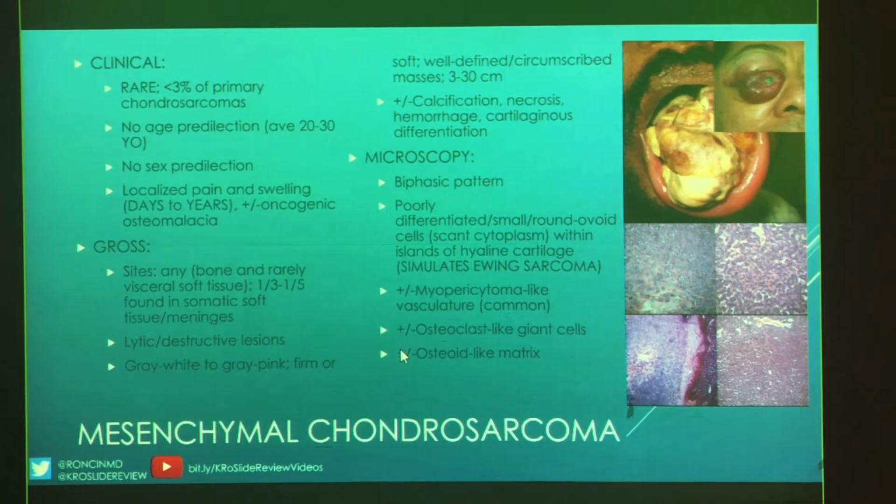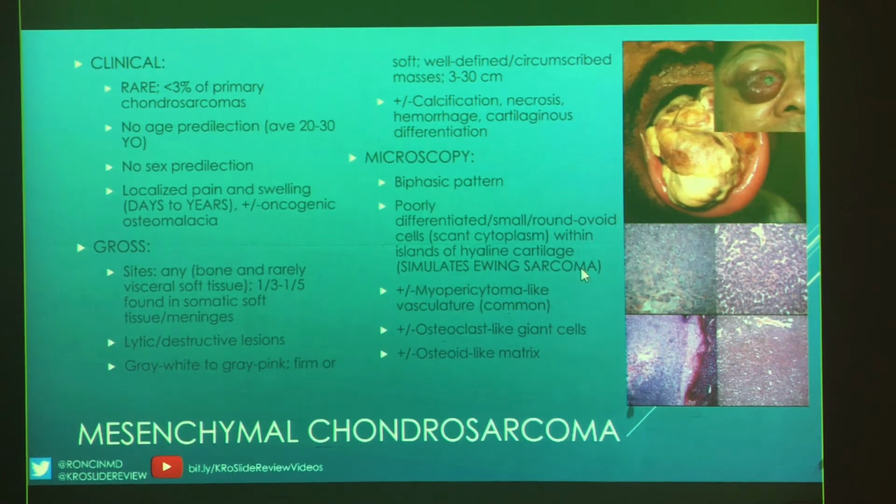So here's that biphasic pattern. You can appreciate that down here and a little bit here. So these are very small round ovoid cells with scant cytoplasm. So this is your definition of a small round blue cell with islands of hyaline cartilage. Well, I don't know that we necessarily had islands of hyaline cartilage, but we had areas that looked like hyaline cartilage.